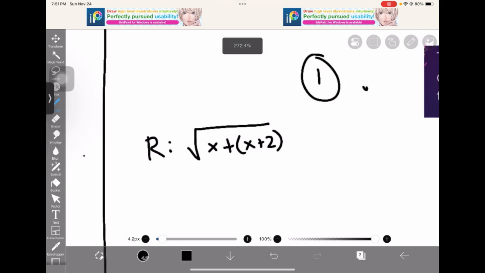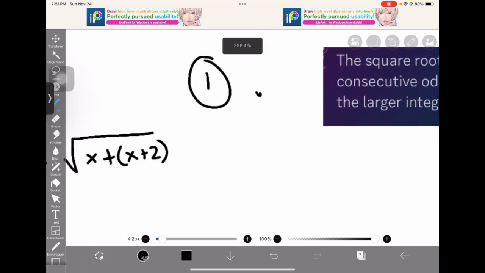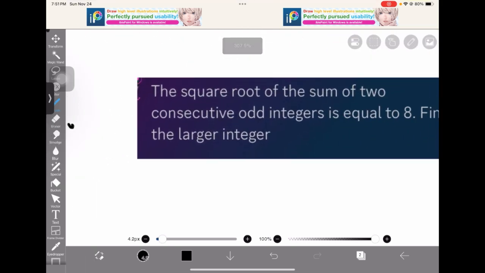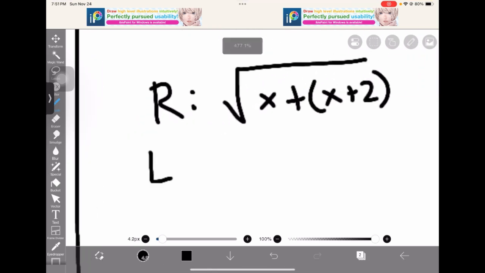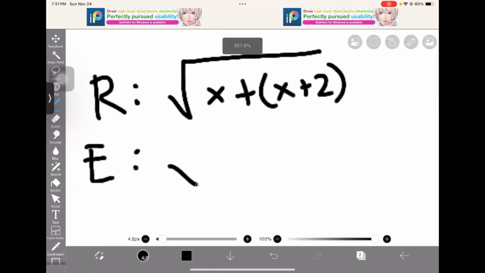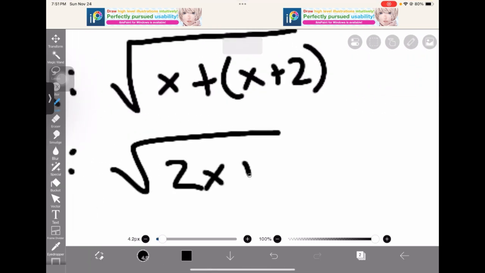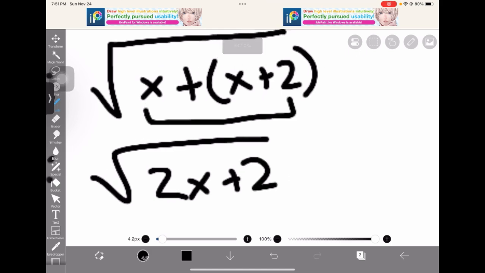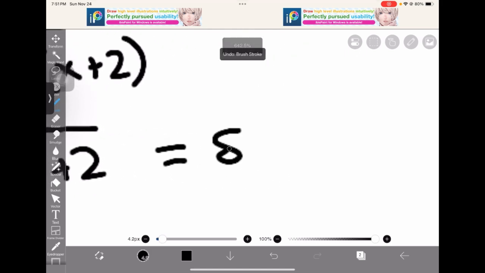So that's our representation for this one. And we know that it's equal to 8. So we do that in the equation: 2x plus 2, so we just add all of these up, is equal to 8.